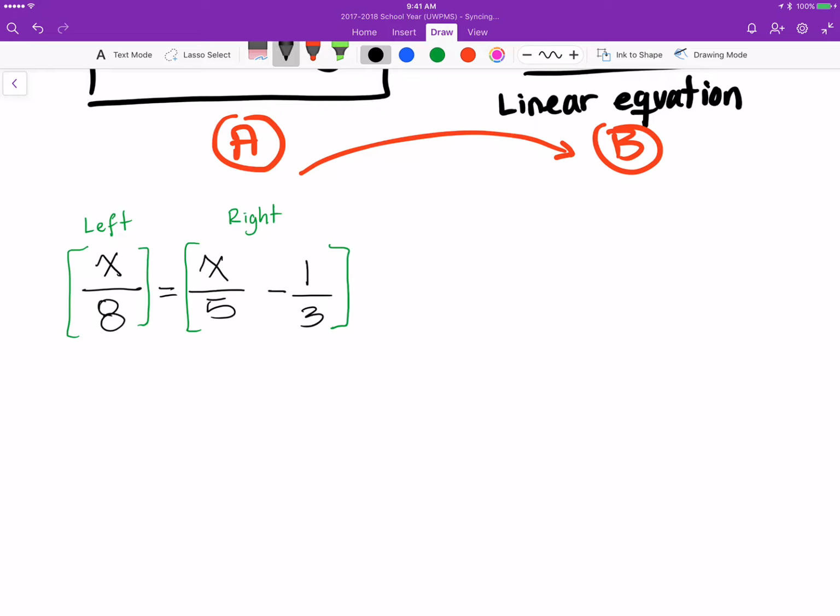So here we go. x over 8 equals, I'm going to find my common denominator between 3 and 5, which is 15, as if I were solving a regular fraction.